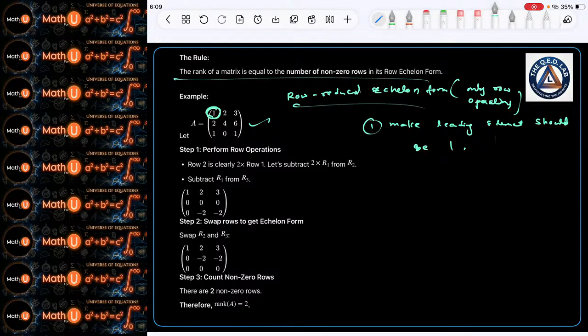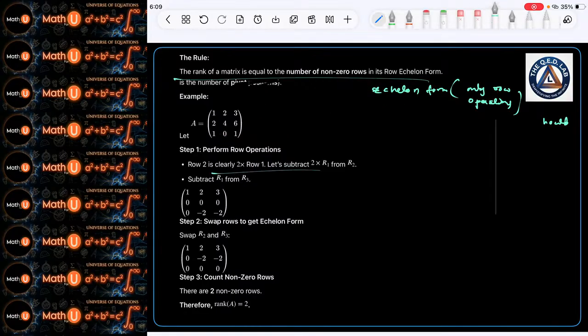Then apply row operations to make this position and this position 0 first. Then by using the second row, try to make the remaining elements zeros. The first step is completed. If you observe, by applying the operations, all the elements become 0. This is easy.